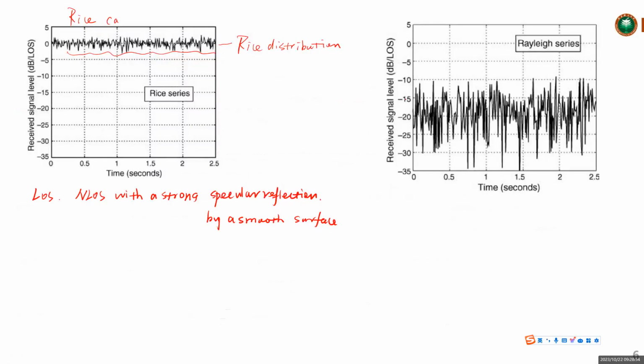You can see its fluctuations are much more fierce and serious, all right? This kind of signal amplitude variation can be modeled by the Rayleigh distribution, and we call it a Rayleigh case.